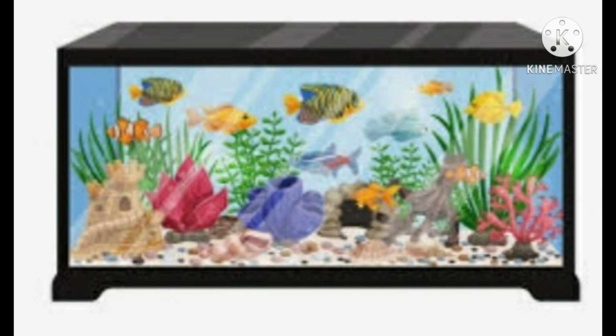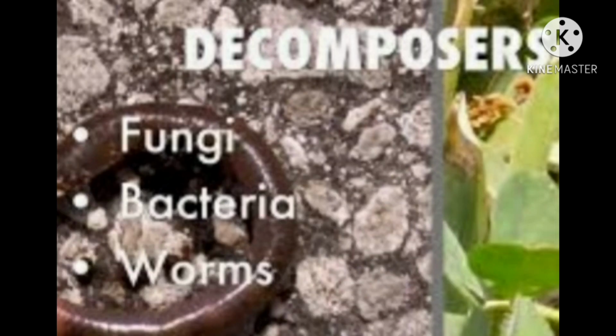Imagine the situation where you do not clean the aquarium and some fish and plants have died. Have you ever thought what happens when an organism dies? The microorganisms comprising bacteria and fungi break down the dead remains and waste products of organisms.